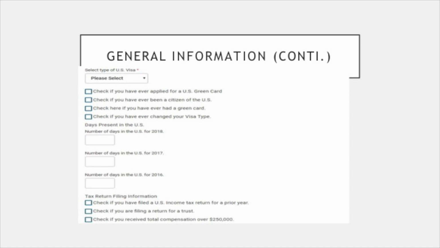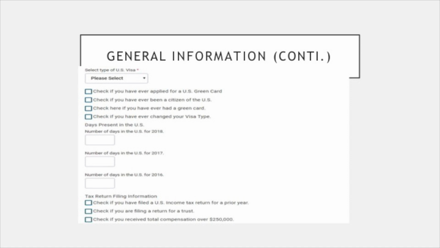Okay, this is a sample of the general information for the Schedule OI. It'll ask you for the type of entity. Again, if you see a box with the down arrow, click the arrow. It'll be a drop-down menu of the choices. Country of citizenship, country of residence, U.S. travel information.